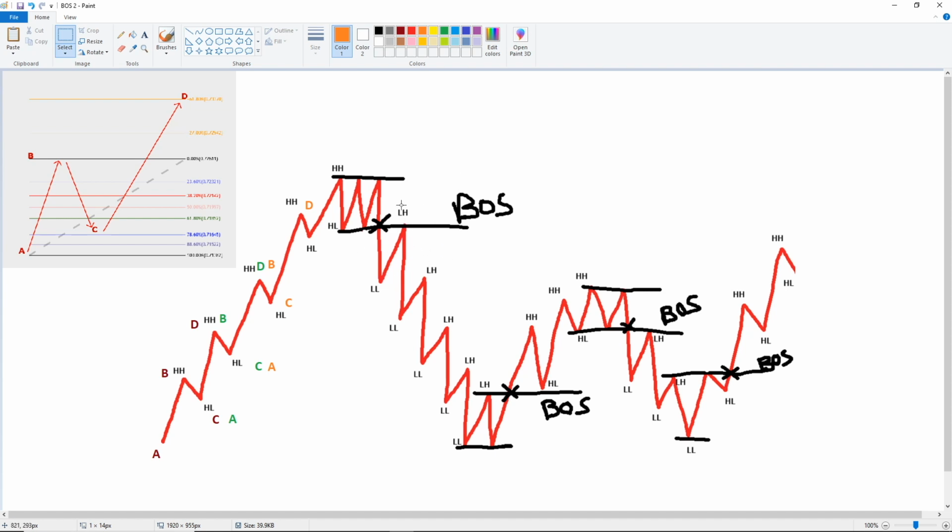So this could be an area where you can join the trend. What I've done many times is, when it breaks structure here, it oftentimes will come back to retest this level. This would be your sell entry. But I'm going to teach you more on that later. Right now, I need you to be able to identify that essentially a break of structure is when the trend changes direction.